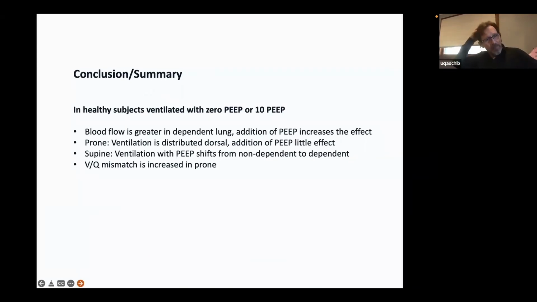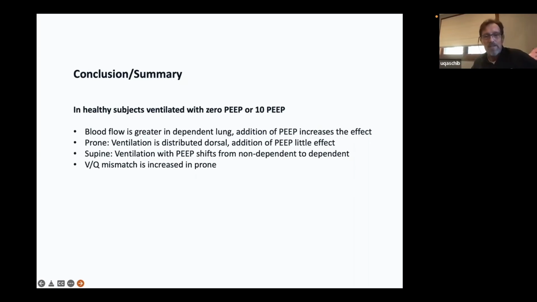So in summary, blood flow is greater in the dependent lung. An addition of PEEP increases that effect, which is logic, because PEEP does splint the diaphragm and opens up more of the dependent lung. And that's what we know.